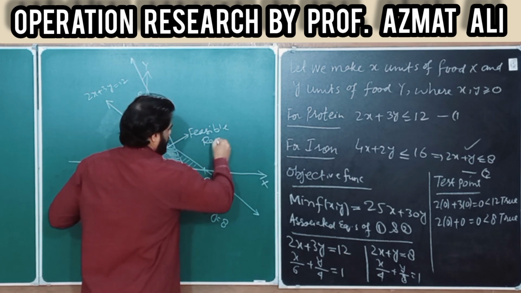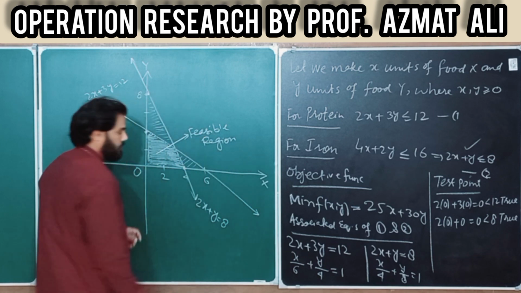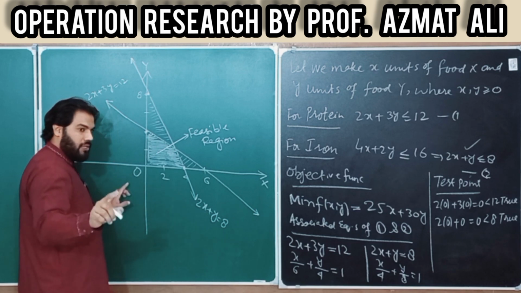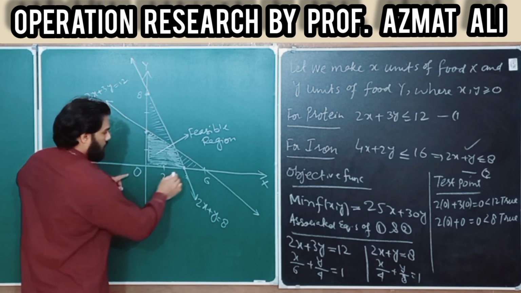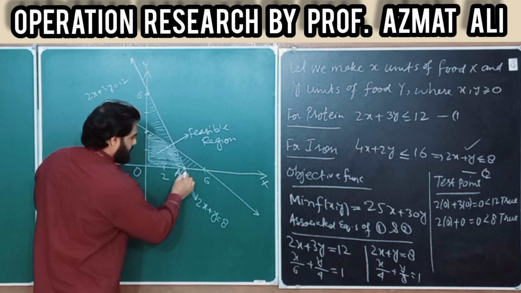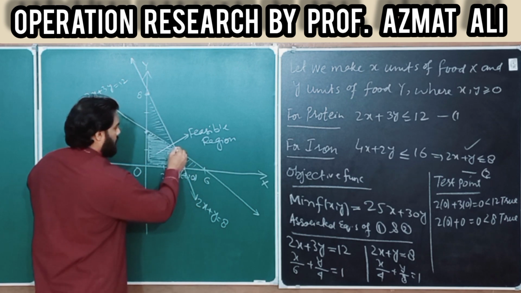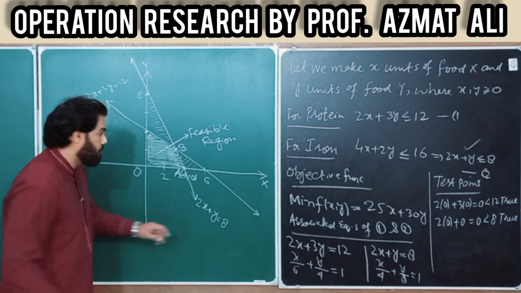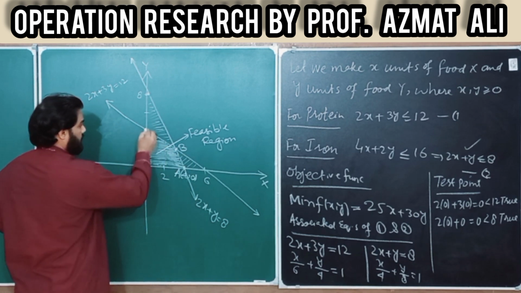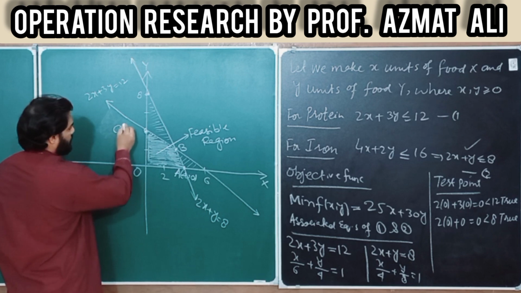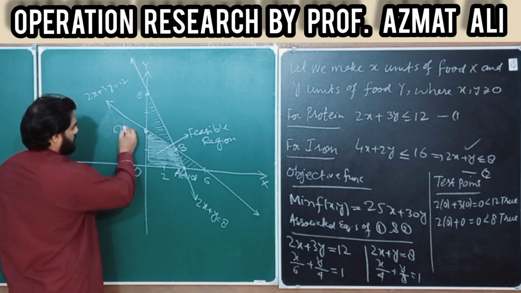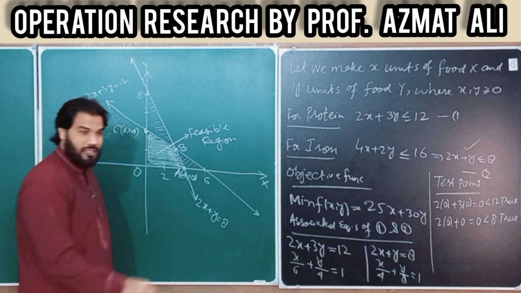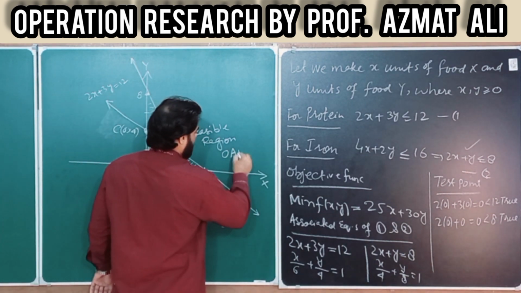Suppose this is point A whose coordinates are 4, 0, this is point B which is the point of intersection of these two lines, which we will find here. This is the point C whose coordinates are 0, 4. So here our feasible region is a quadrilateral OABC.